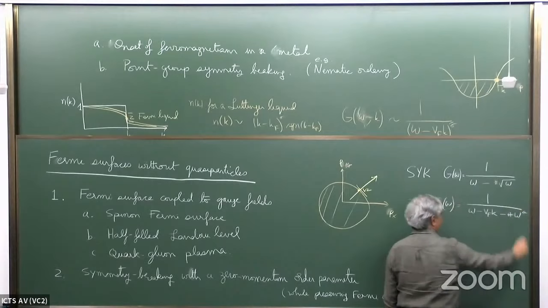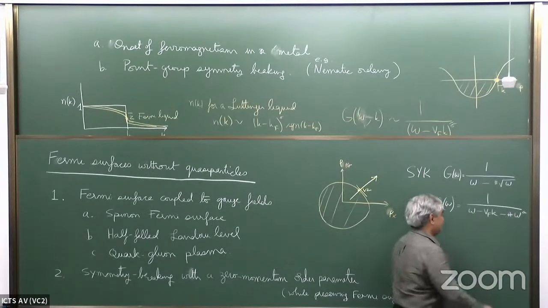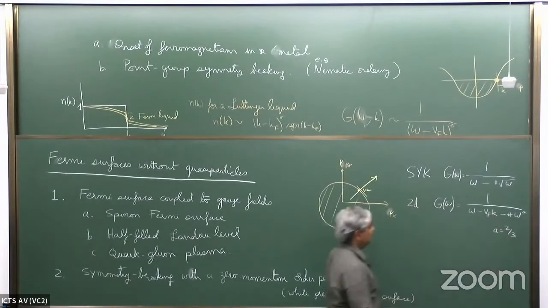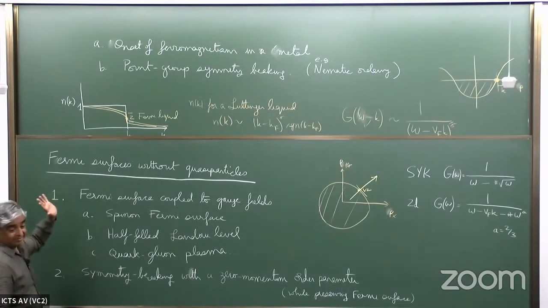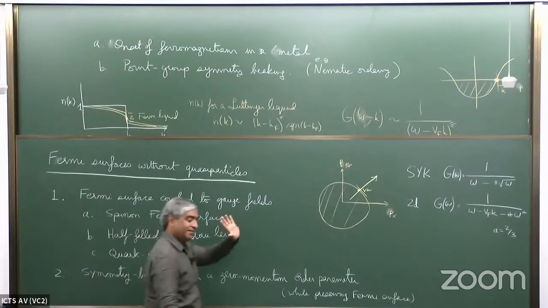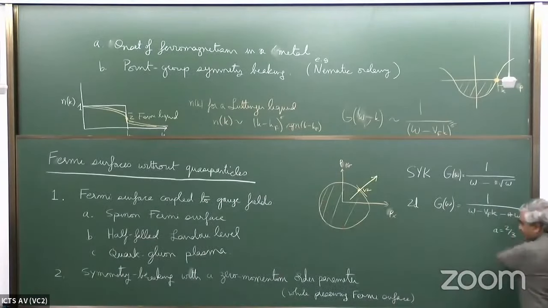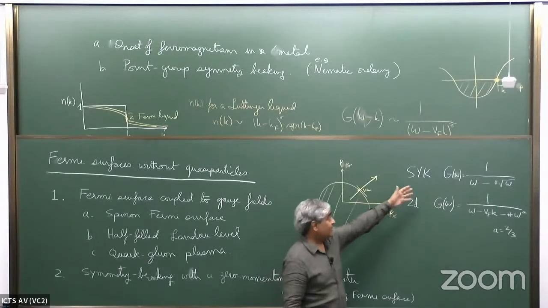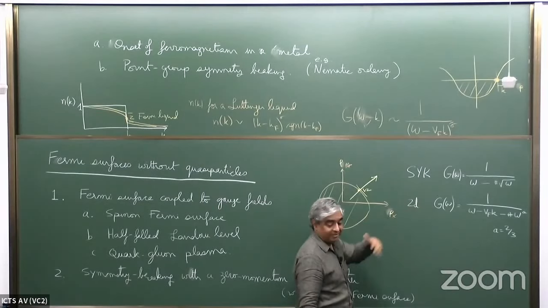So that singularity will be purely local. And this power, in fact, is 2/3, not 1/2. And that power 2/3 essentially applies to all these problems. It's the same power that comes out in the leading large N theory. There are corrections to this at higher order. They're not as well understood as the corrections are understood in the SYK model. That's still very much a problem of current research.